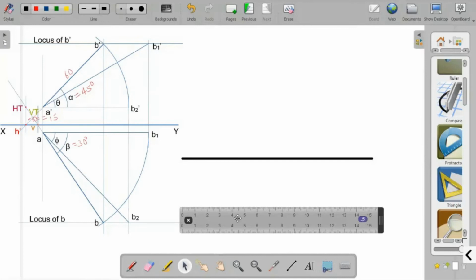So I am drawing it a bit darker in this drawing, that is the XY line. XY line is here. Now what we want is to locate A dash.